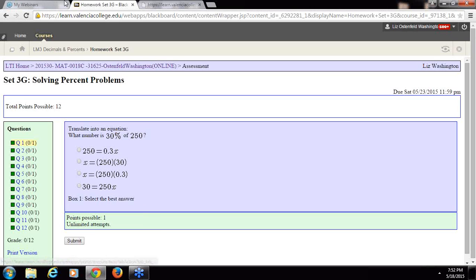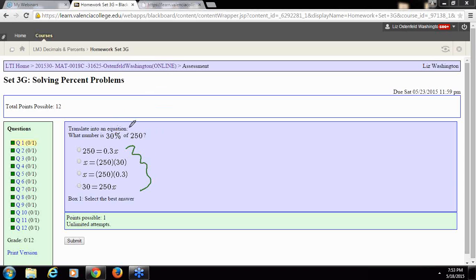Alright, so now we're going to start translating a little bit. The thing you got to kind of know is that math is definitely like another language, and almost every word has some sort of meaning, okay? So we're going to start translating these words into numeric sentences, aka equations.